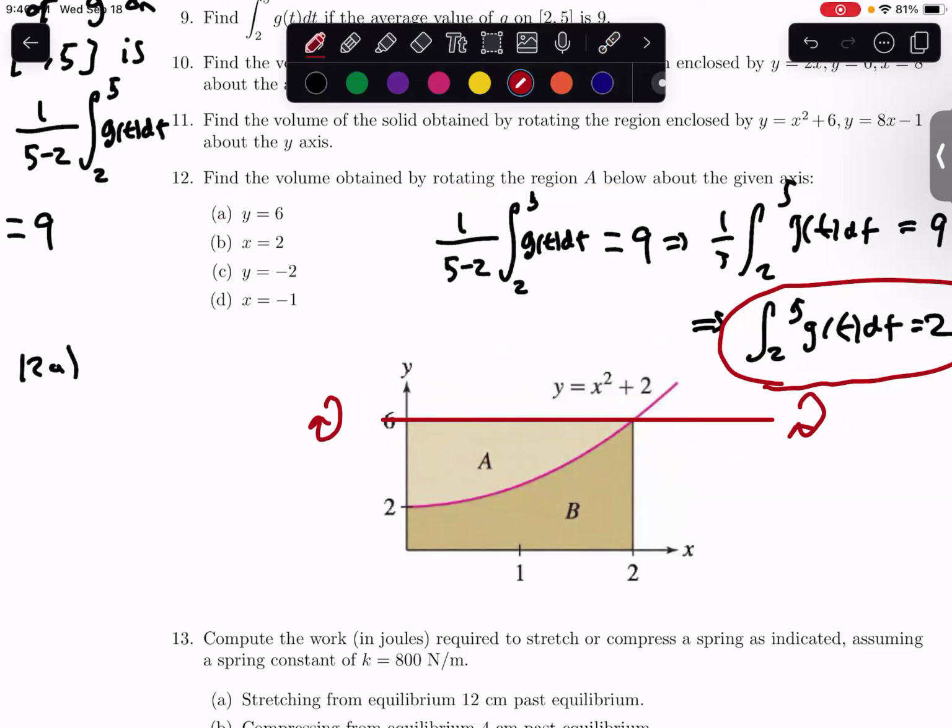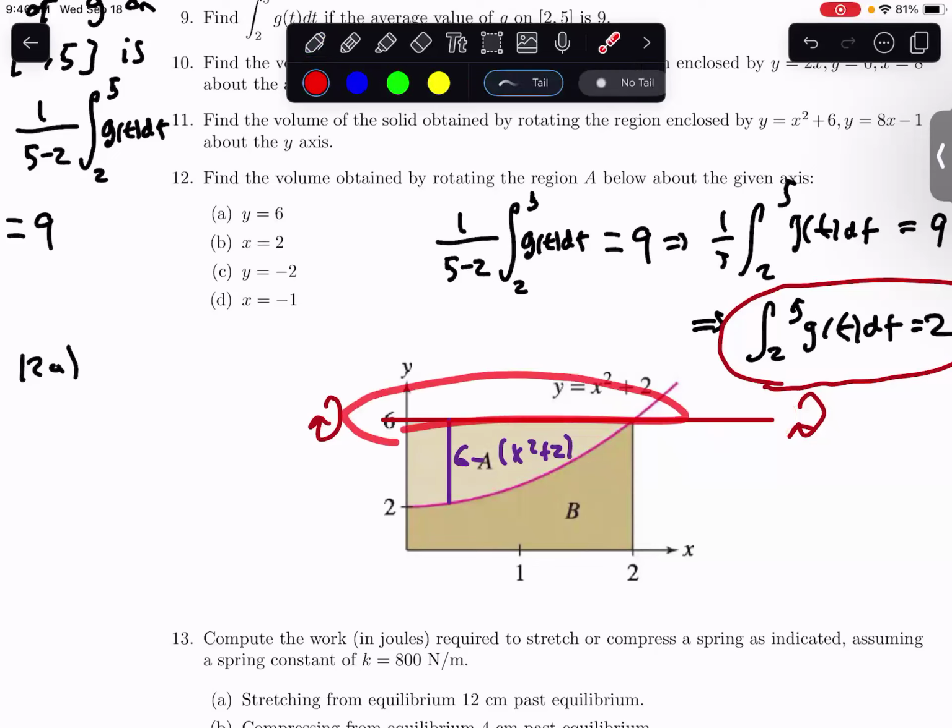This one looks a little bit weird to draw because if you look at the cross section here, this is going to be 6 minus x squared plus 2. But the axis of rotation is 6, so 6 is on top of this curve, which makes it a little bit weird. I'll just write it out.